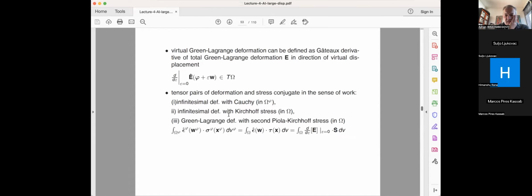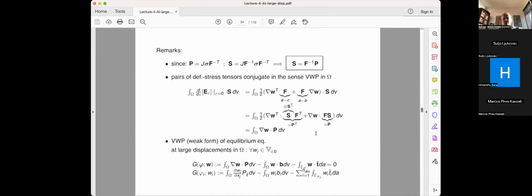So basically, as a conclusion of these different things, if you want to express the work of the internal forces, to every strain you have a corresponding stress. If you have a true Cauchy stress, you need an infinitesimal strain in the deformed configuration. If you need a Cauchy stress, you need an infinitesimal strain with the material representation. And if you have a second Piola-Kirchhoff stress, you need a variation of the Green-Lagrange strain to be conjugate to that.